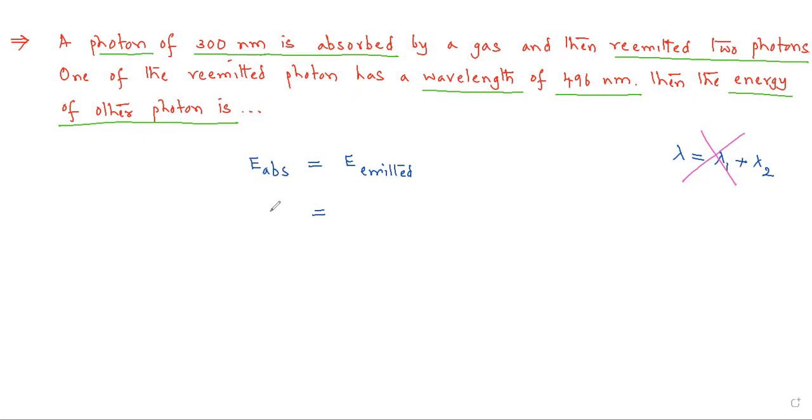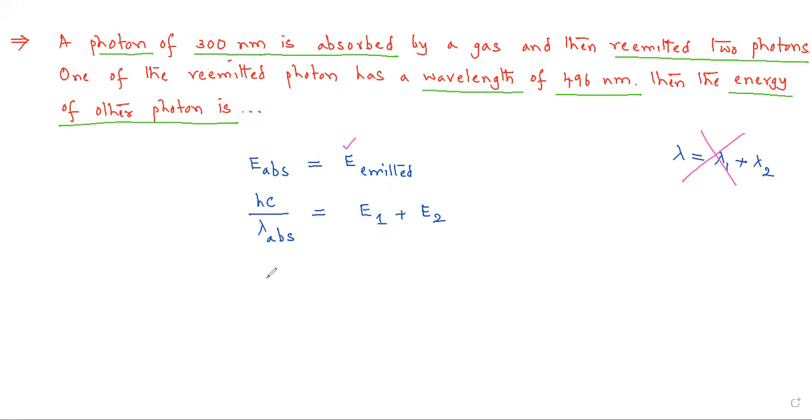Energy of the absorbed photon can be given as hc by lambda absorbed. But let us consider this energy of the photon emitted in two terms, the first one and the second one, because emission occurred in the form of two photons, isn't it?